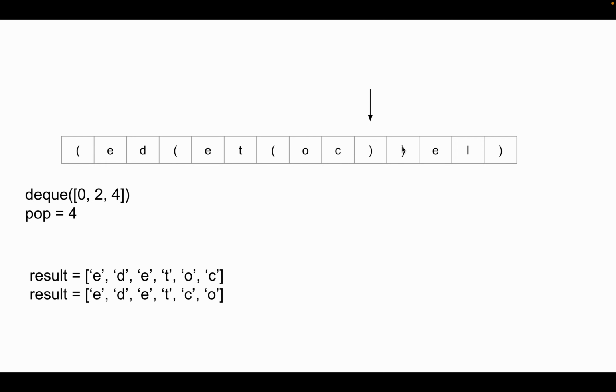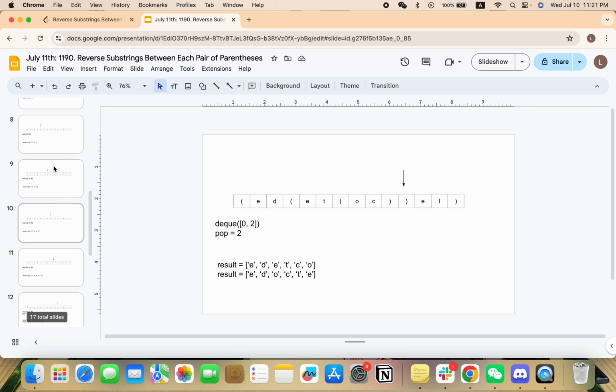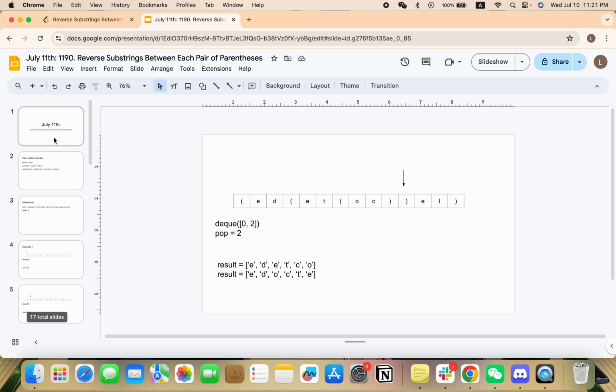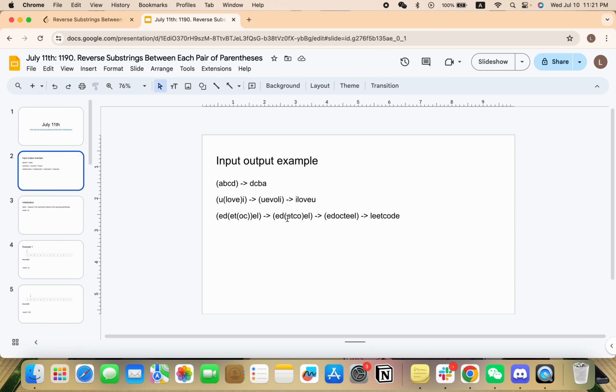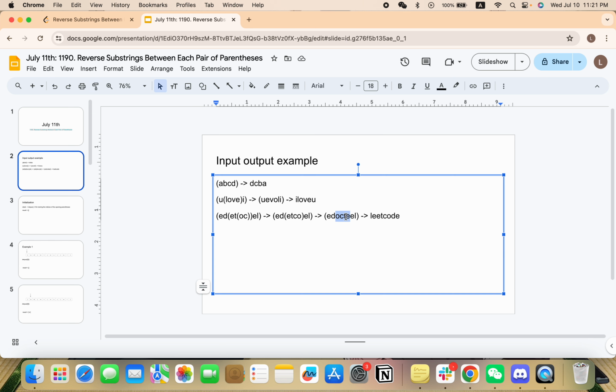And then we move on to the next parenthesis. The next closing parenthesis will pop out a 2. This means that this is index 2, and we want to invert starting from here, ETCO, and invert it to OCTE. You can see this is OCTE when we're done reversing.